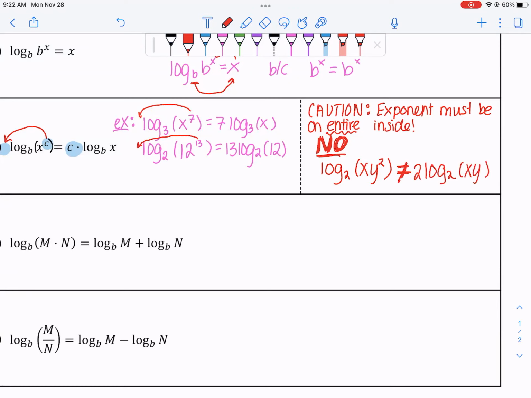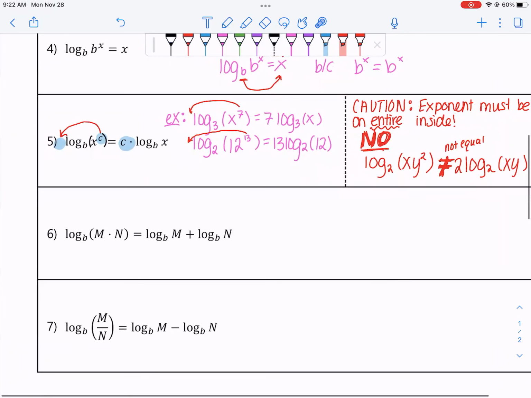These are not equal. I'll even write the word not equal just so there's no ambiguity. We can't bring that 2 down because that 2 isn't also on the x. We could bring it down if there were parentheses and xy was all being squared, but otherwise we cannot bring that 2 down. So keep that in mind.